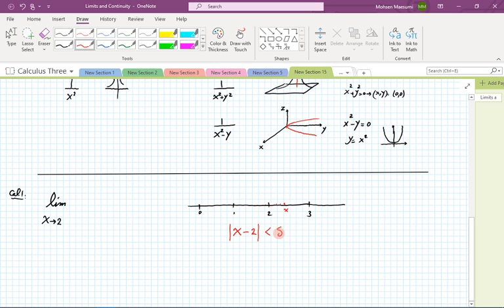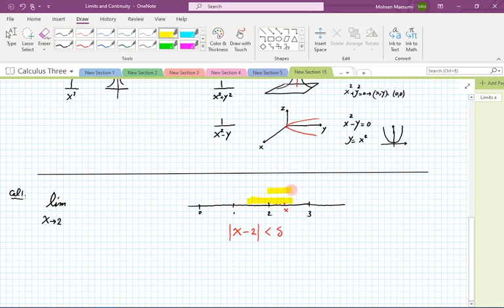So if I say the absolute value of x minus 2 is less than delta, it means I am considering an interval on two sides of 2, where the half size of the interval is delta.